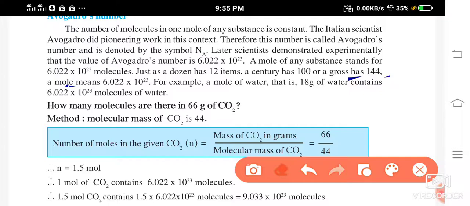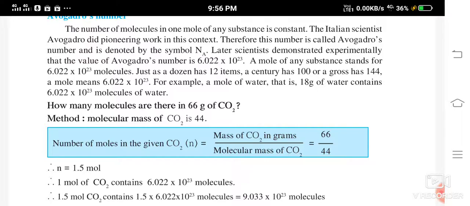So for example, a mole of water, that is 18 grams of water, contains, so you know now, 1 mole of water, how much is it going to contain? 18 grams of water, isn't it? So how much is 18 grams of water going to contain? 6.022 into 10 to the power of 23 molecules.